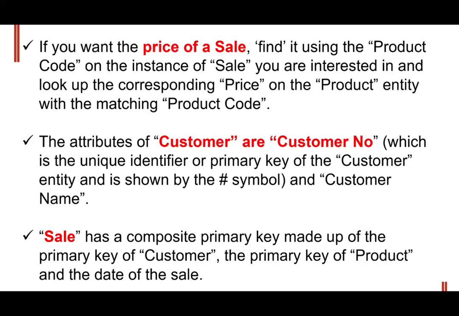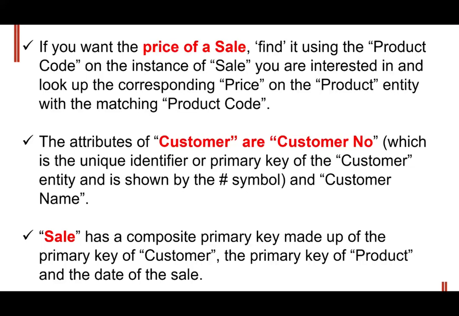So what you need to do is find it using a product code on the instance or the date of sale that you are interested in, and look up the corresponding price on the product entity table with the matching product code. The attribute of customer would be a customer number, because this is a key column where you can find unique features for customers. The first column, customer code or customer number.